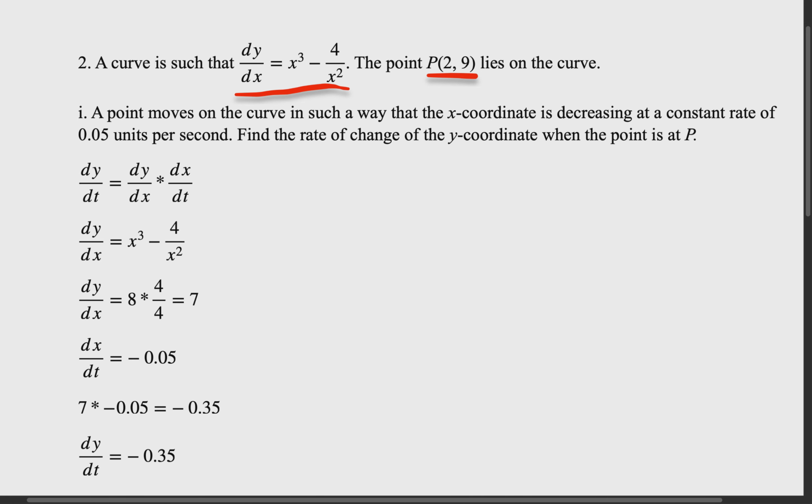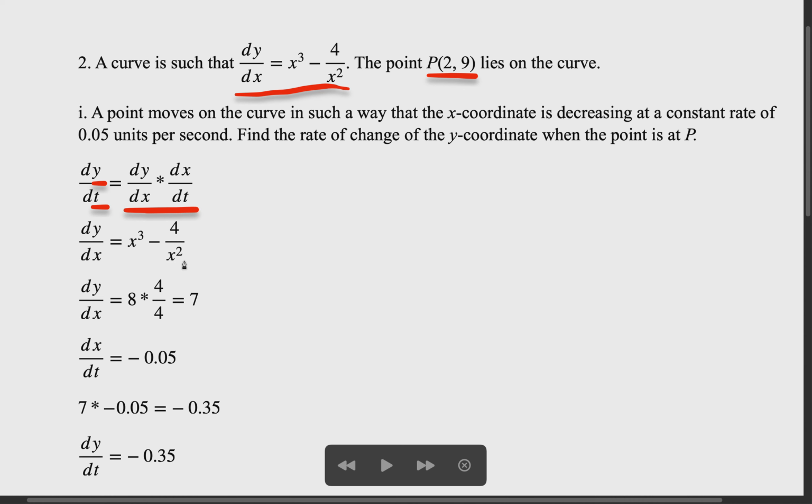Since we were asked to find the rate of change in the y coordinate over time, we can write this as dy/dt. One way to obtain dy/dt is by multiplying dy/dx with dx/dt. Now we are given that dy/dx is equal to x cubed minus 4 by x squared.